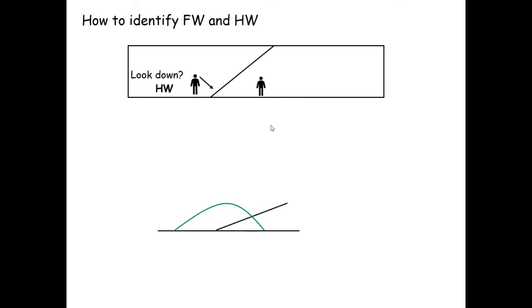On the right side, we see that this person is looking up at the fault plane. If that is the case, then this person is standing on the footwall because that person is below the fault plane.